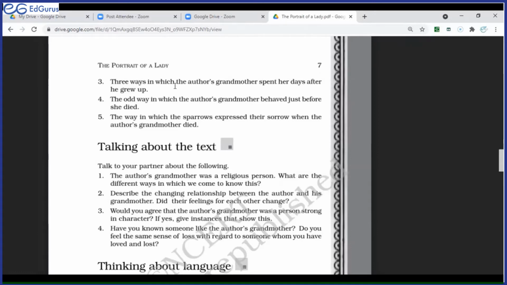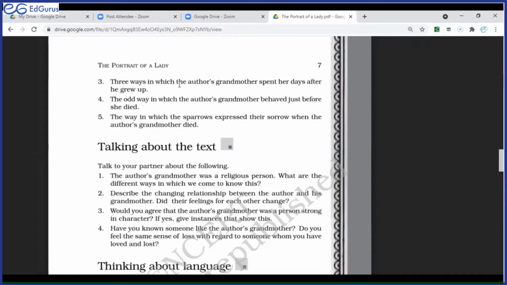The author's mother tried to feed them with breadcrumbs as grandmother used to do, but they took no note of it. Soon after her funeral was carried off, all these birds flew away quietly. And that's how they expressed their sorrow.